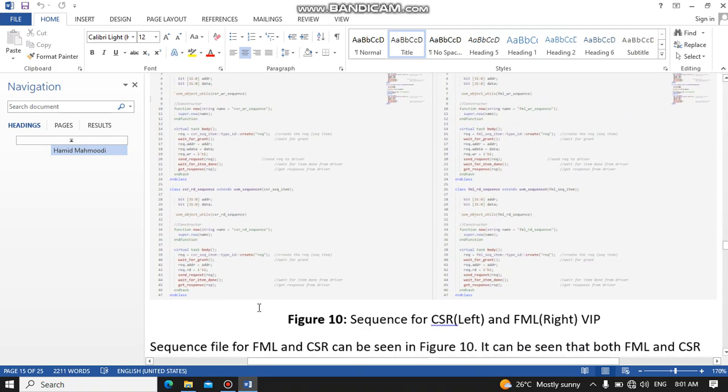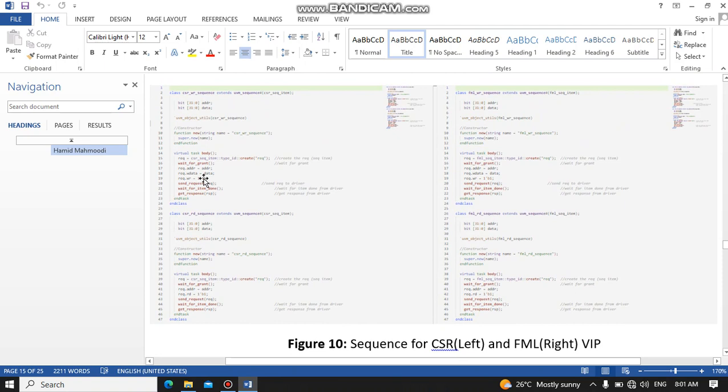Moving on, these are our sequences. We have the CSR write sequence, CSR read sequence, and then the FML write sequence and FML read sequence. These sequences get a certain address and certain data, and perform the respective operations via the driver.